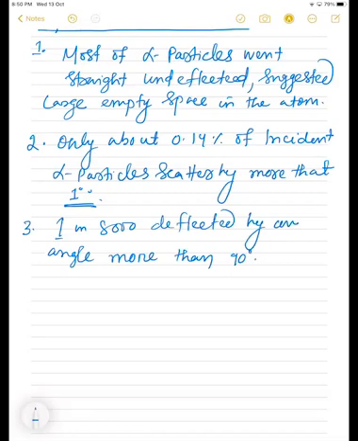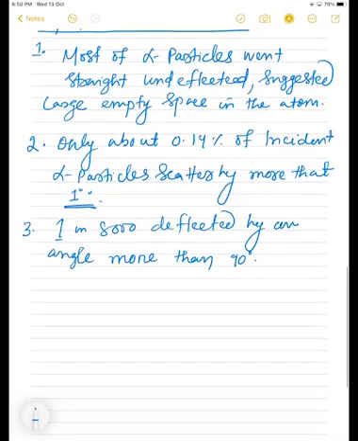Correct. And the explanation of the above observations led to the birth of Rutherford's planetary model of atom, also called nuclear model.